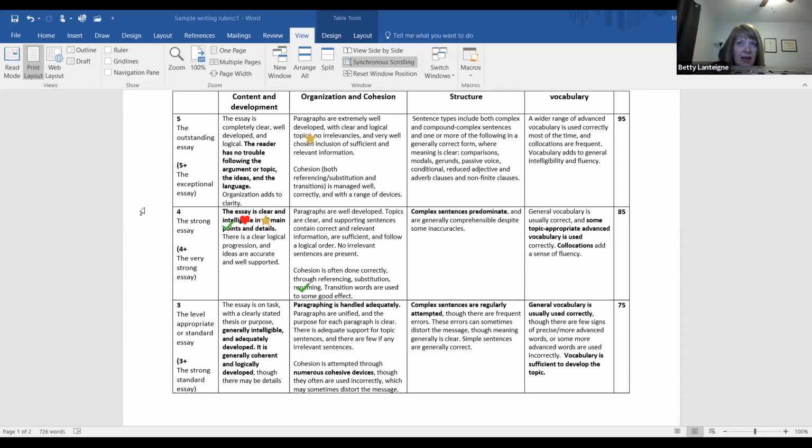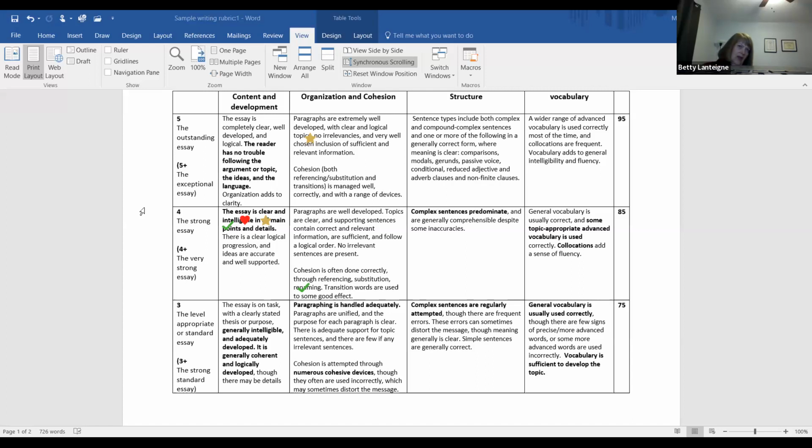But then I'm looking at level 3. Minimum for level 3 is that paragraphing is handled adequately. You do have paragraph form. It is about one topic. The overall purpose is clear. I cannot say that the cohesive devices are often used incorrectly and thus distort the message.